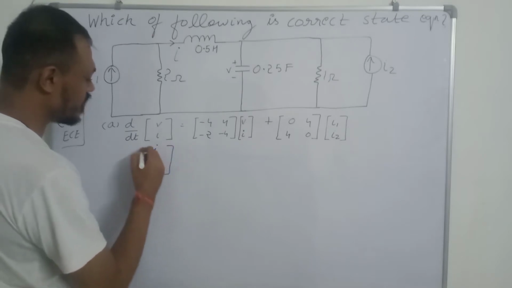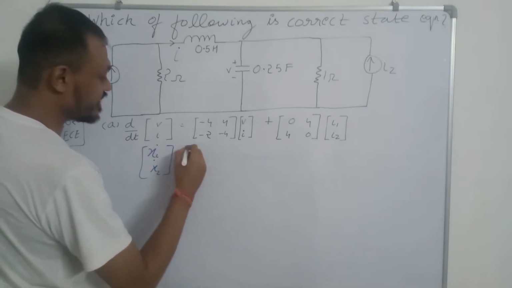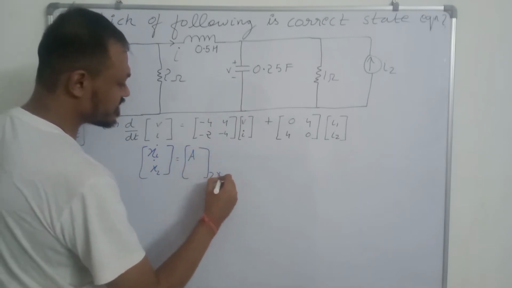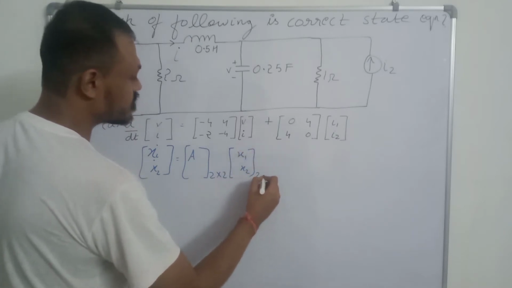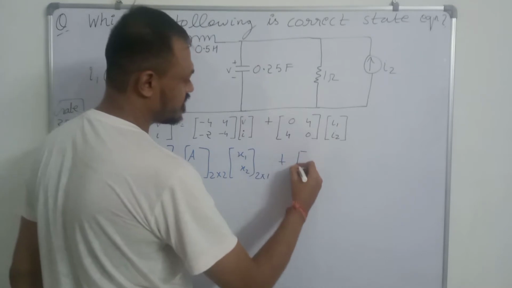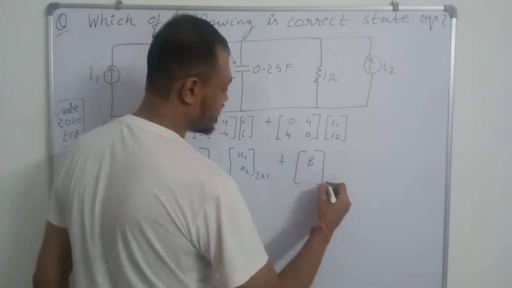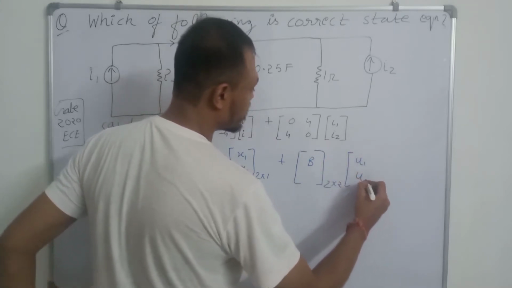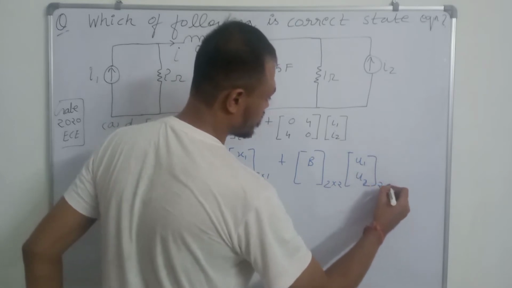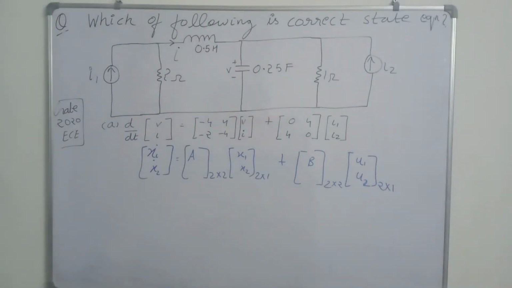So x1 dot and x2 dot is equal to matrix A, a 2 cross 2 matrix, into x1 and x2, a 2 cross 1 matrix, plus matrix B, again a 2 cross 2 matrix, into u1 and u2, the two inputs, a 2 cross 1 matrix. So this is the general state variable representation for a network. x1 and x2 are the two state variables, x1 dot and x2 dot are their differentiation, and u1 and u2 are the two inputs.